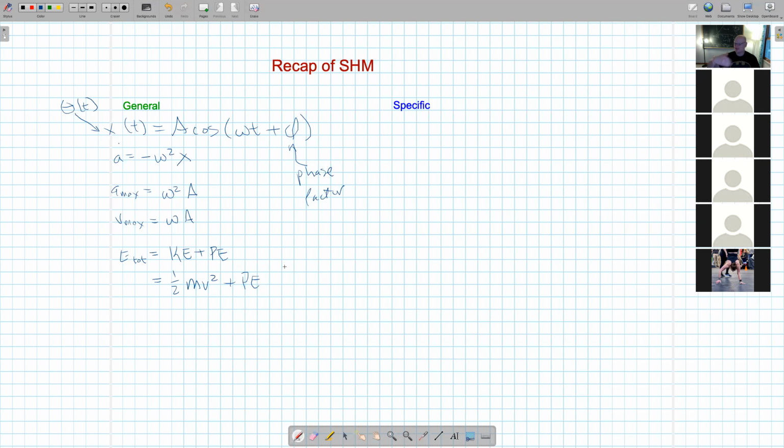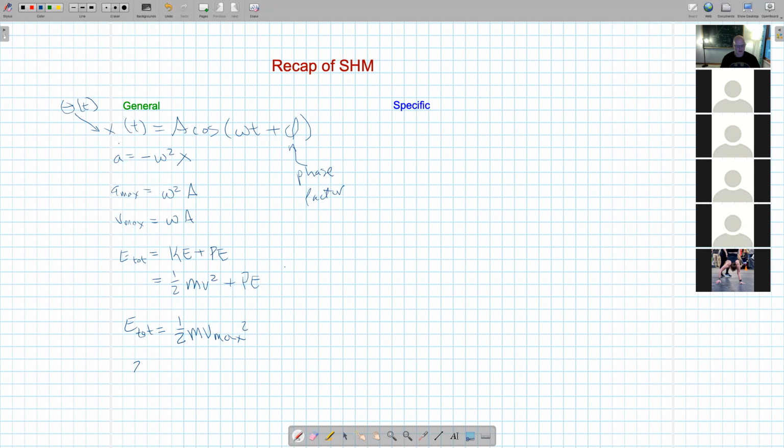This could be a simple pendulum, which has a different type of potential energy. And if it initially starts off at the equilibrium position, the total energy is simply equal to the maximum kinetic energy. These are all things that are constant all the time.